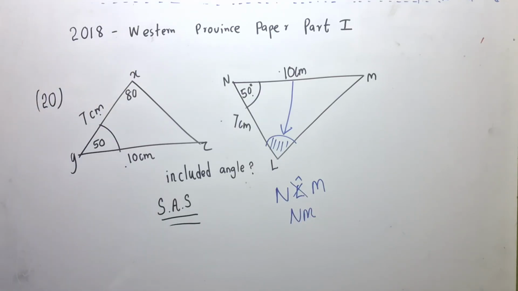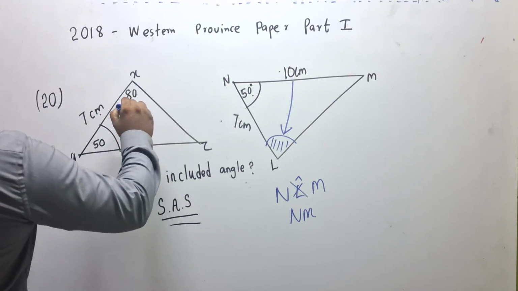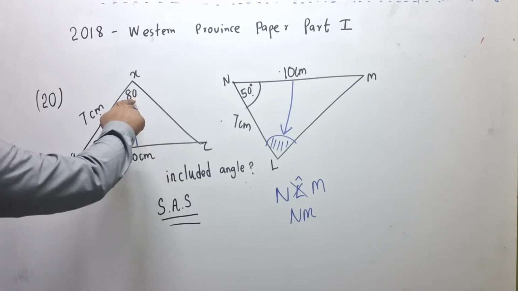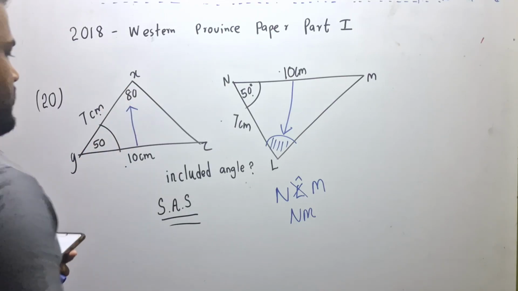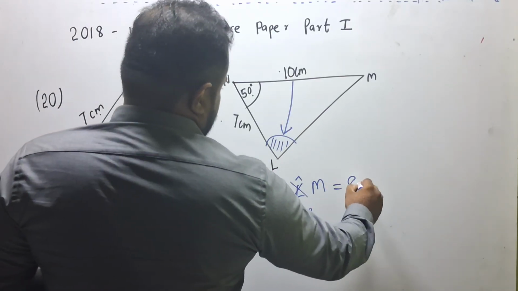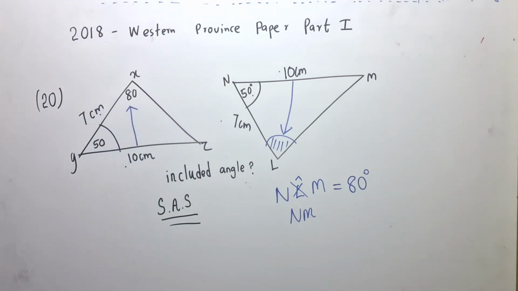The opposite side for NLM is NM. So here, what is the opposite angle for 10 centimeters? It's 80 degrees. So the value of NLM is 80 degrees. Okay.